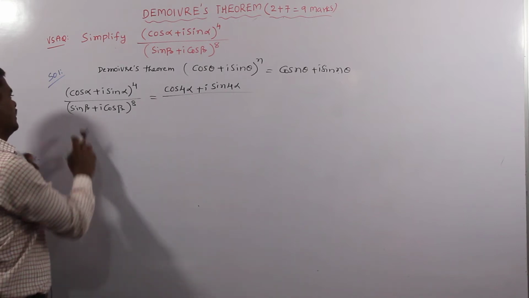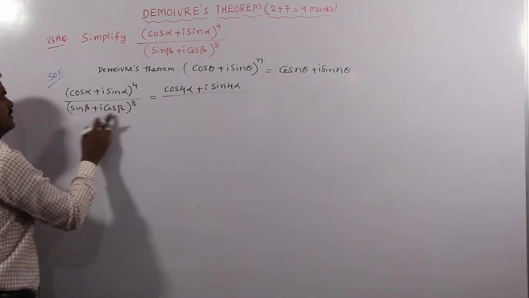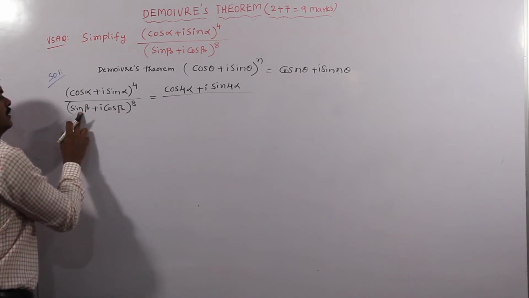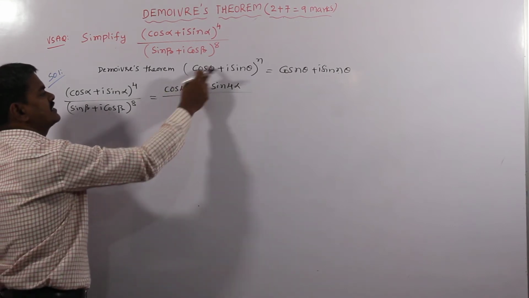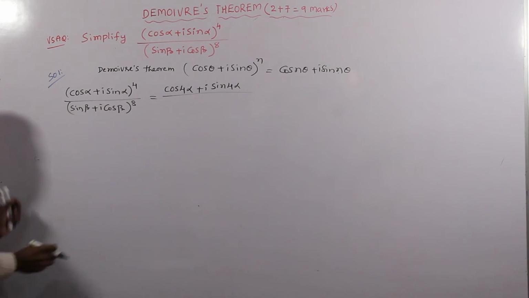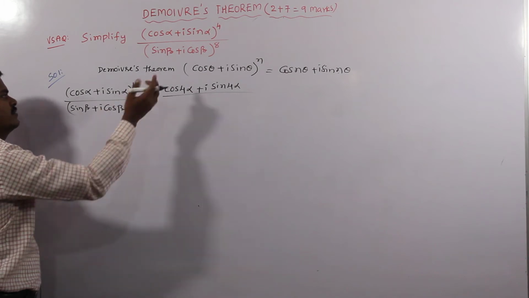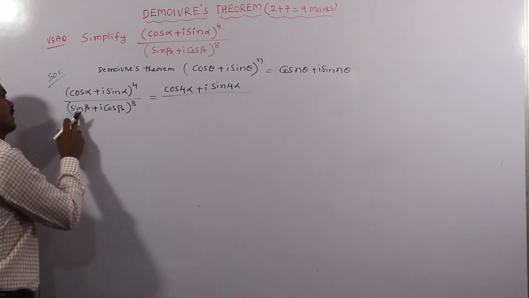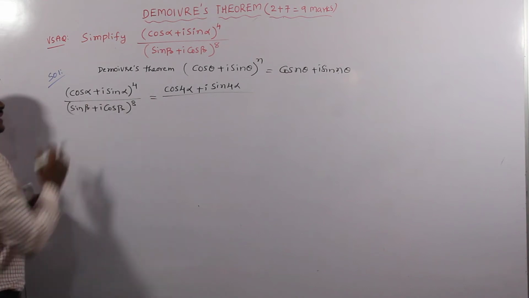If you observe the denominator, you cannot apply Demoivre's theorem right now because it's in the form of sin theta + iota cos theta. Demoivre's theorem is (cos theta + iota sin theta) whole power n, which means the real part must always be cos. To make use of Demoivre's theorem, the real part must be cos and the imaginary part must be sin.